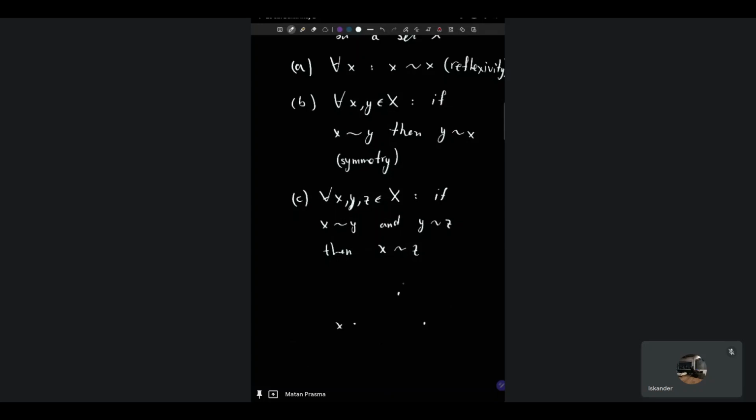You can imagine I have some kind of path from x to y, this is the equivalence between x and y, and I have some path between y and z. Then I can concatenate the paths and get a new path from x to z. So this property is called transitivity.